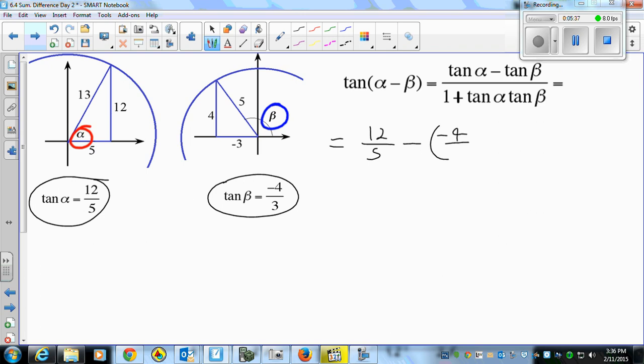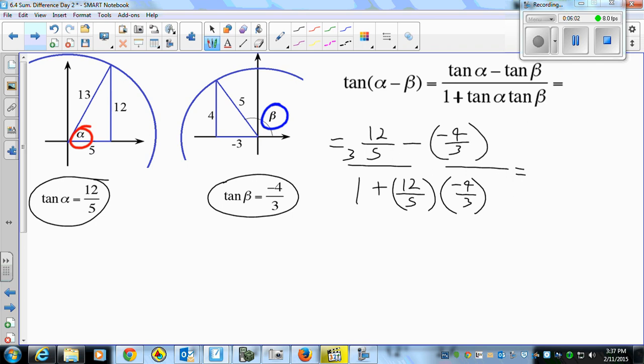So tangent of alpha minus beta is tangent of alpha, 12 fifths, minus tangent of beta, negative 4 thirds, all over 1 plus tangent of alpha, 12 over 5, times tangent of beta, negative 4 thirds. So then simplify these out. I need a common denominator in my numerator.